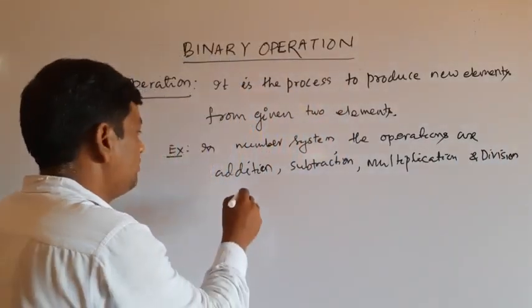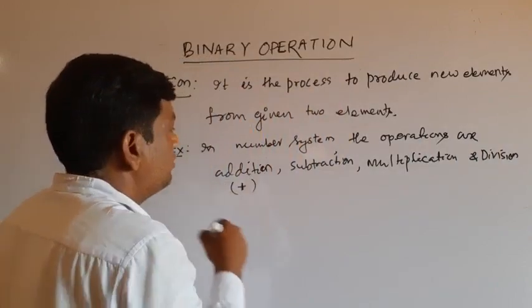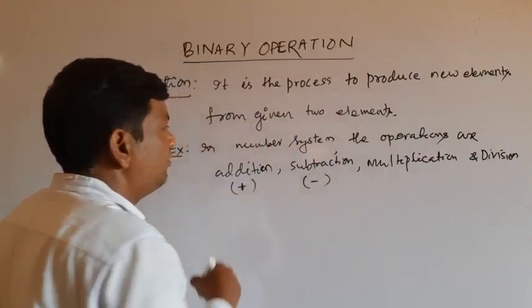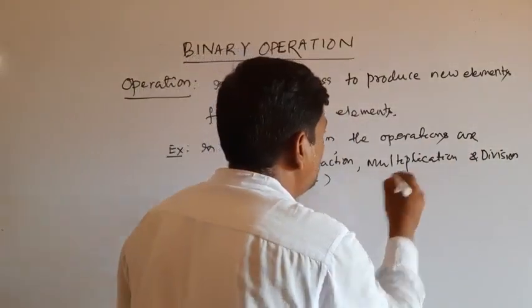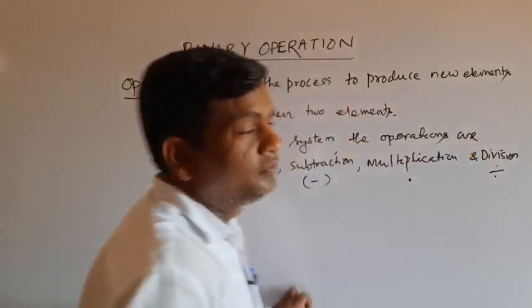For addition, the symbol is plus. Subtraction has this symbol, multiplication is dot, and division is like this.